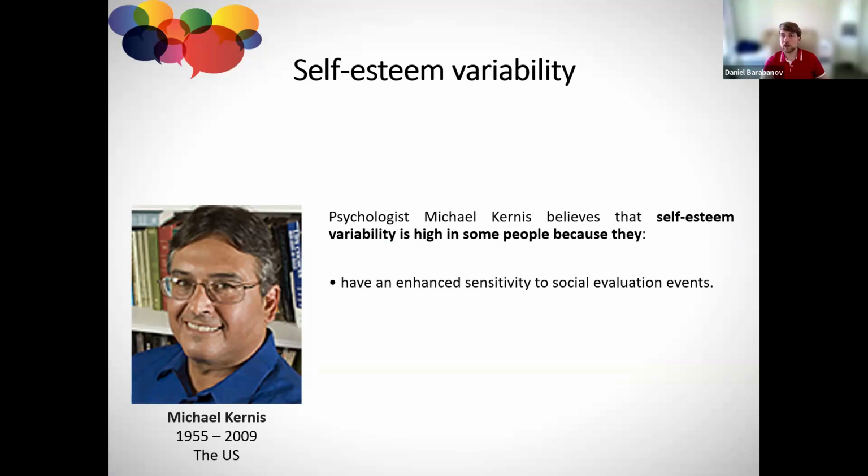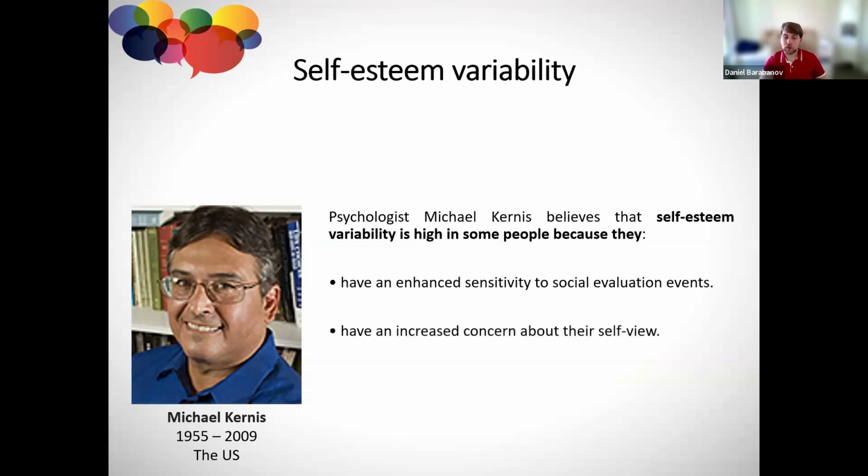So when it comes to social evaluation, for example, an exam in university, a job performance review, or a job interview, those people are much more sensitive to those events, and thus it results in wider self-esteem variability.